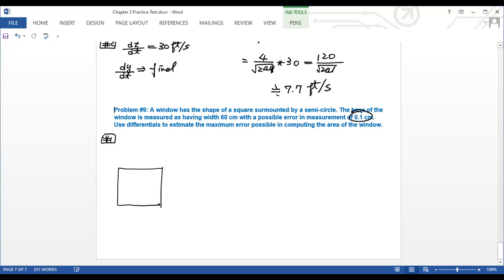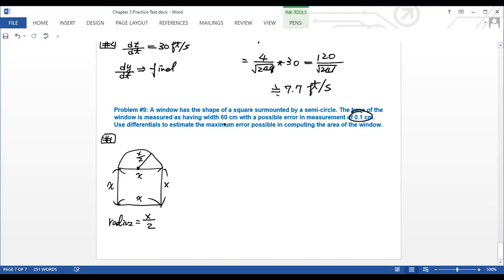So here I have a half circle, and this is the square, right? Let's say this side is x, and this side is x. Because this is a semicircle, this is the diameter, so what is the radius here? It's x over 2.